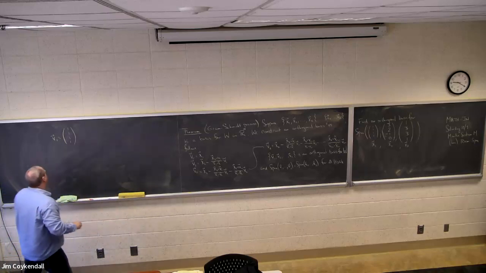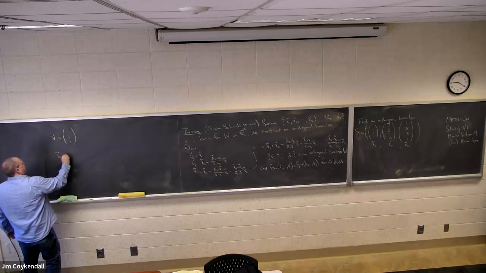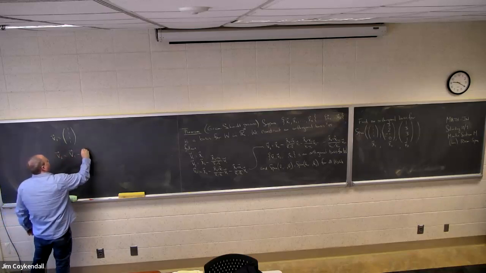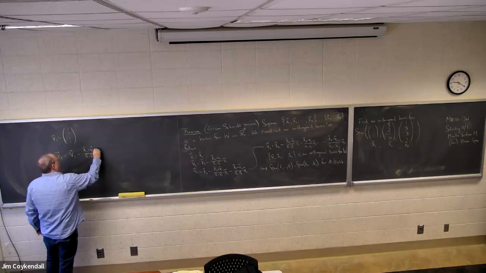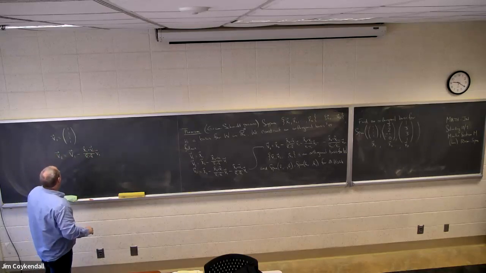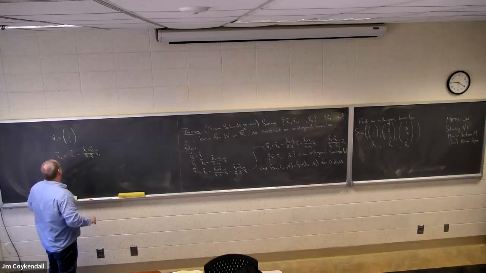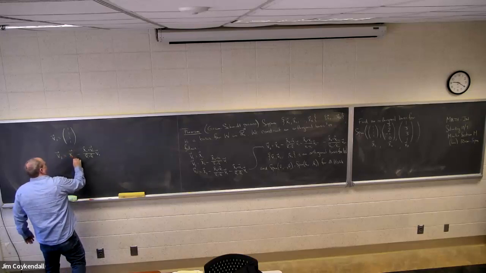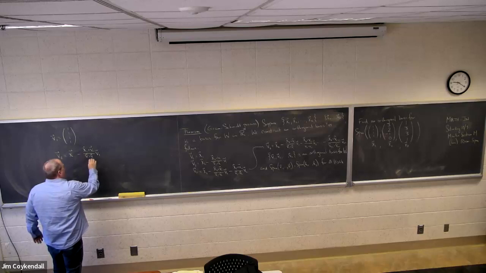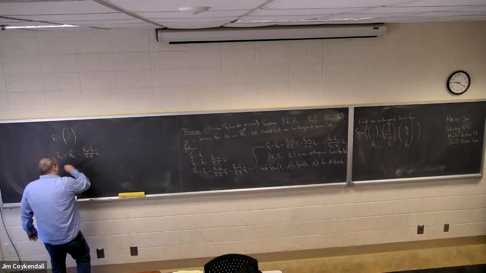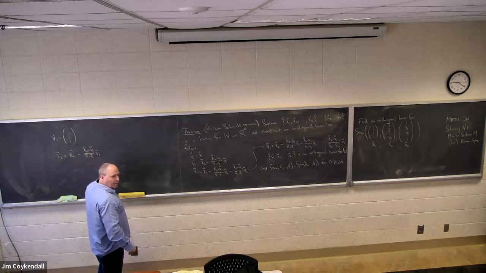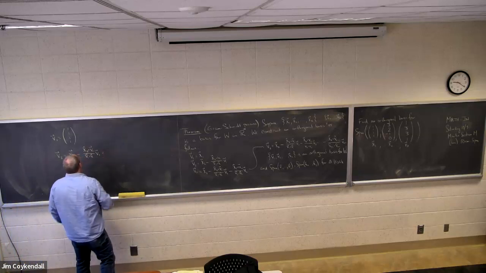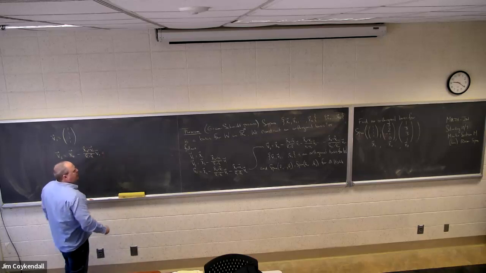The next one is V1 minus X1 dot V1 over V1 dot V1. Oops, this should be X2. Okay, let's see what happens. What is X2? It is (3, 2, -1, 0).